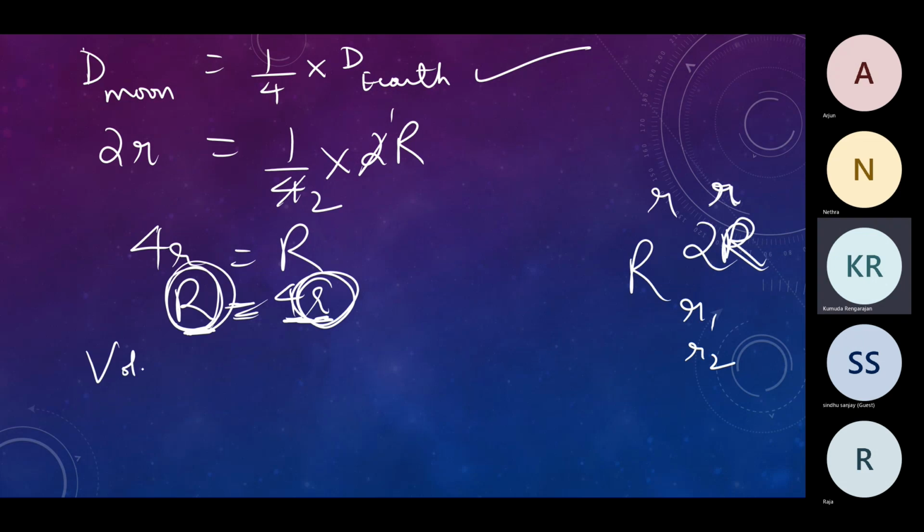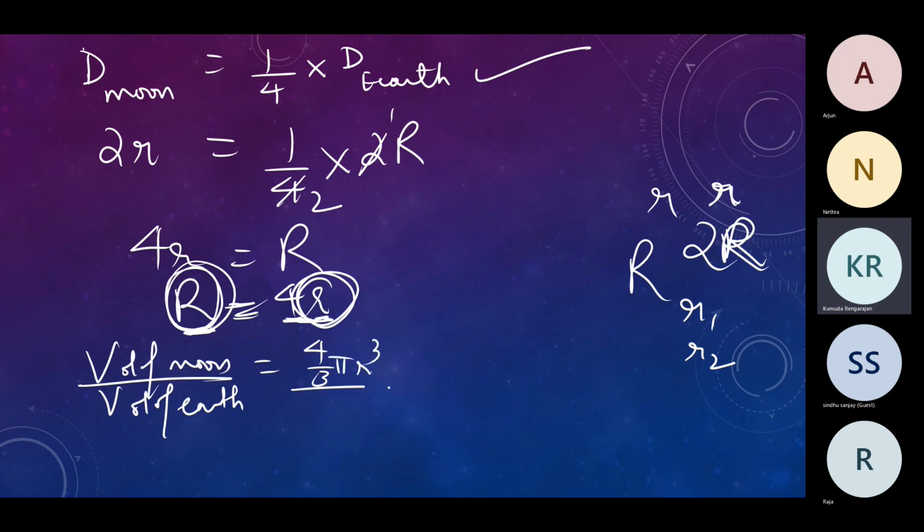Now let's find volume of moon by volume of earth. This is what we are supposed to find. Both are spherical, so 4 by 3 pi small r cubed by 4 by 3 pi capital R cubed. The 4 by 3 and pi get cancelled. Now r cubed by R cubed can be written as r by R the whole cubed.